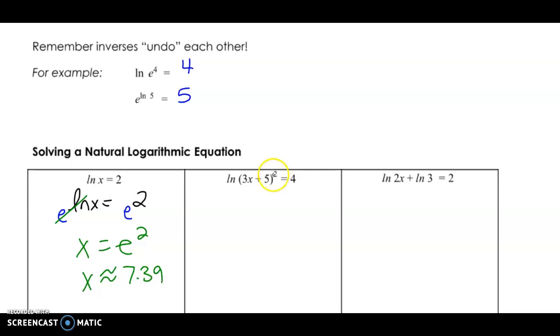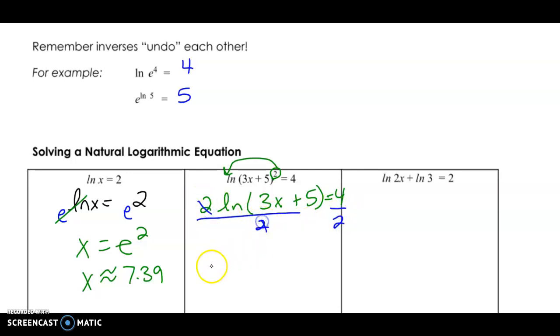For the second one, you first want to pull that exponent out front so that it's 2 times the natural log of 3x plus 5 equals 4. And then from there, we can divide, because you have to have that natural log isolated.